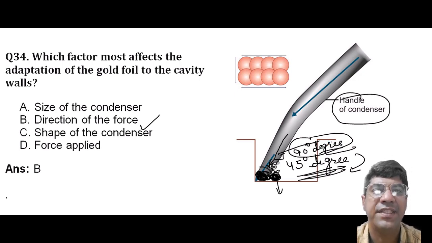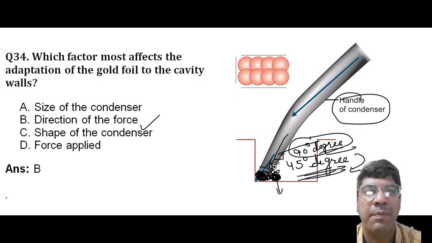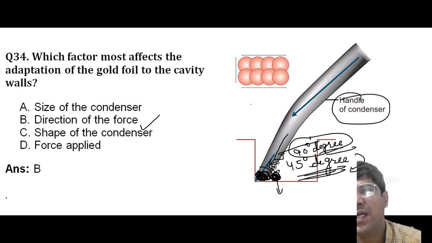While condensing a piece of direct gold, you have to start at one end and proceed to the other. So you start from the center and reach toward the periphery.